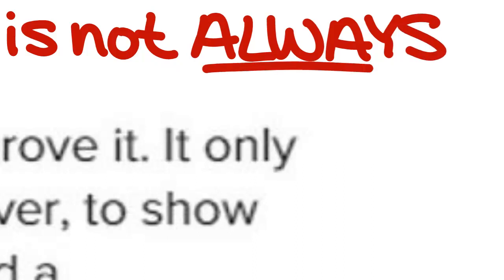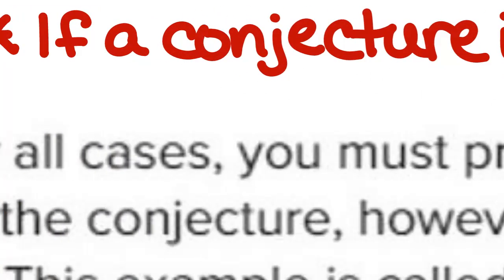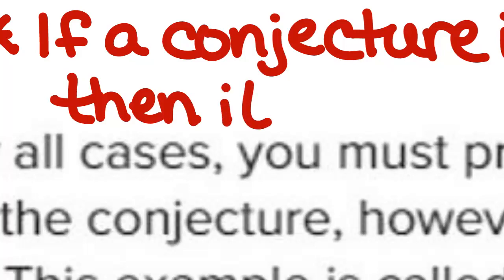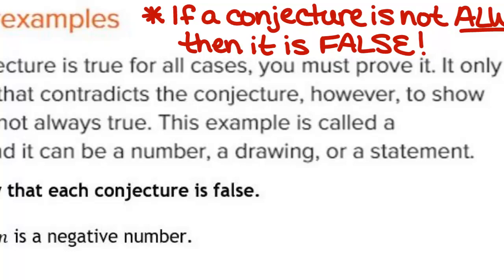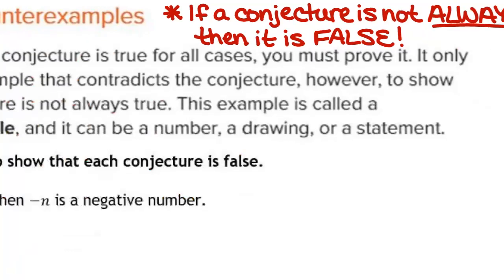If a conjecture is not always true, then we say it is false.